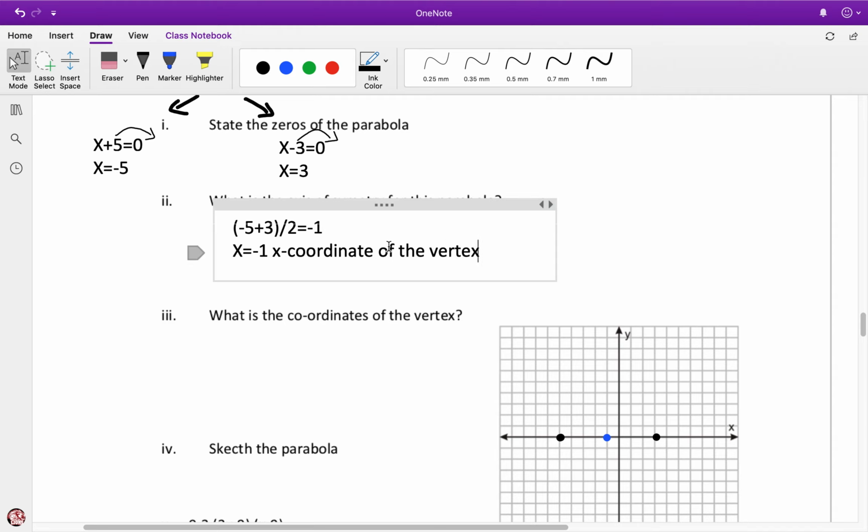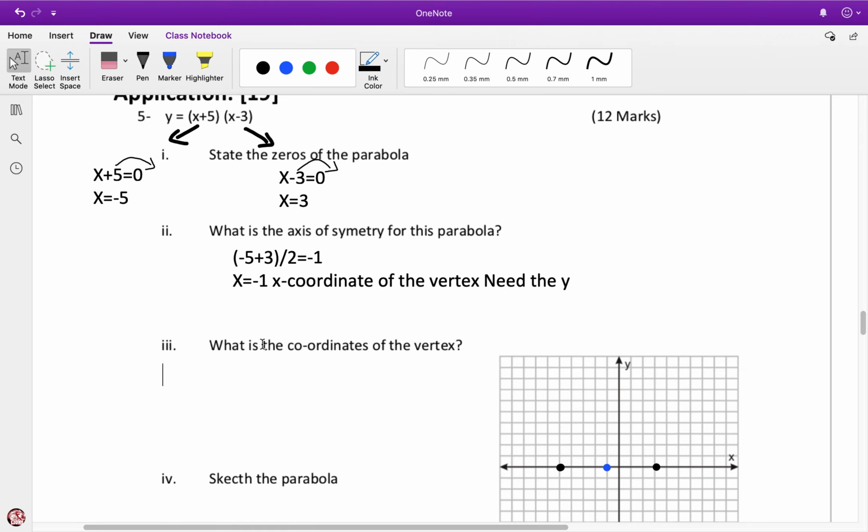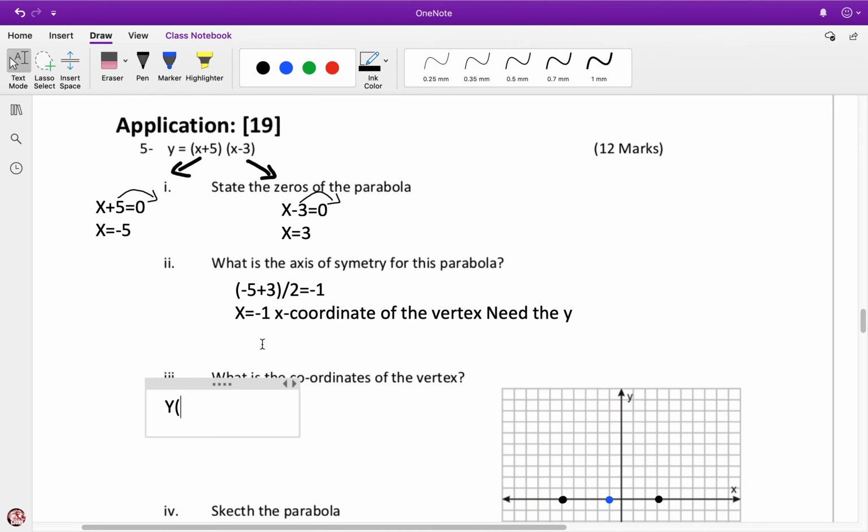Okay? So I need the y-coordinate. Let's plug the x-coordinate into the original equation. So y equals bracket negative 1 plus 5 bracket negative 1 minus 3.